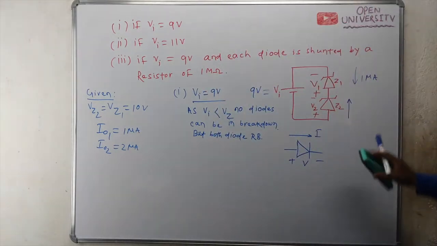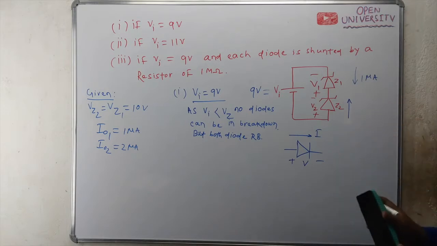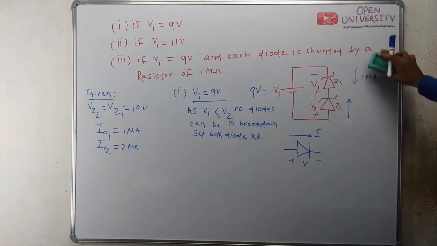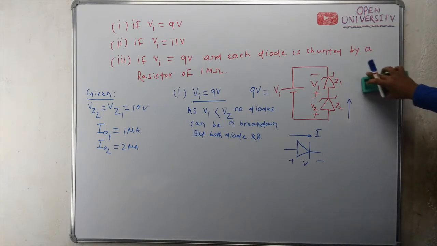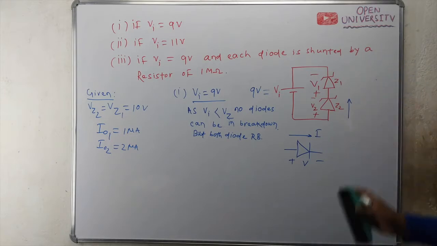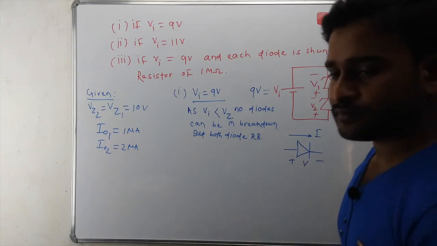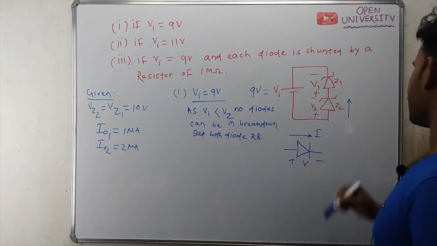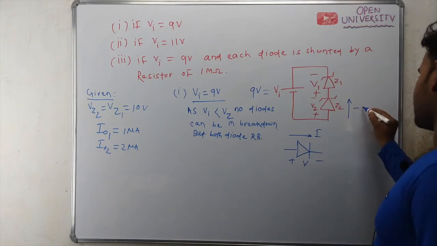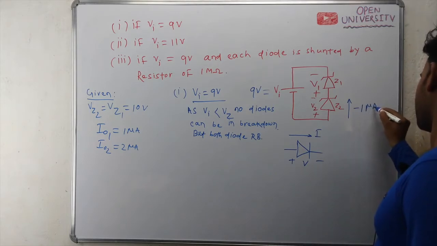So in this direction what will be the current? If the current in this direction is 1 microampere, in this direction it will be minus 1 microampere.